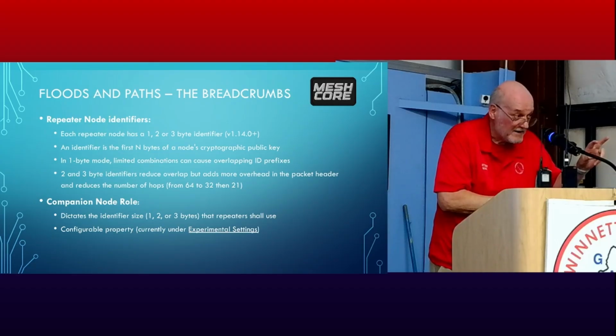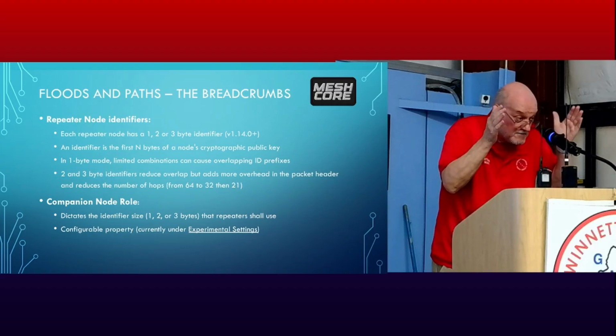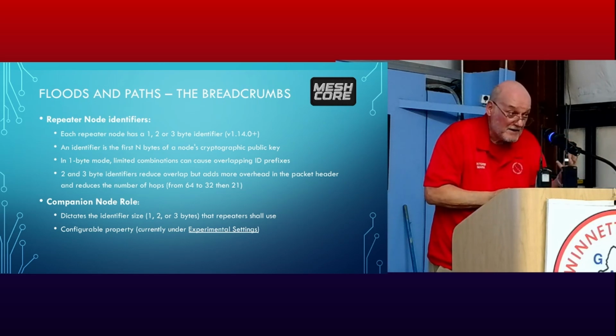With a 2 byte, your message can do 32 hops because you have a fixed size packet and you're trying to cram more information into the header, so you're losing space. And with a 3 byte, you would think, well, it would be half of 32, 16. No, it's 21 for some odd reason.